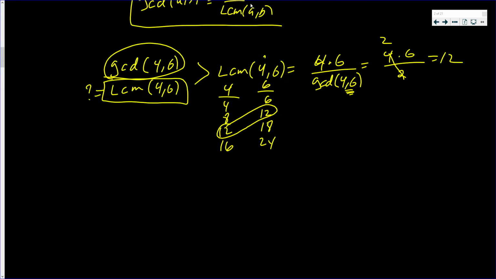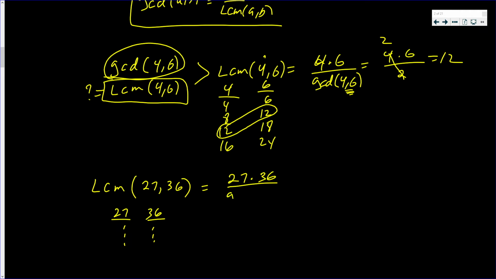It's a lot easier to find the GCD. So again, if somebody asks me, what is a common multiple of 27 and 36? I have two choices. I can write down the 27 table, I can write down the 36 table, look for a common number. Or I can say it's 27 times 36 over the GCD of 27 and 36.